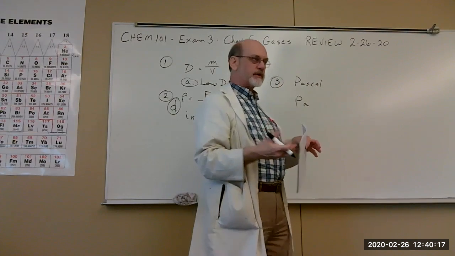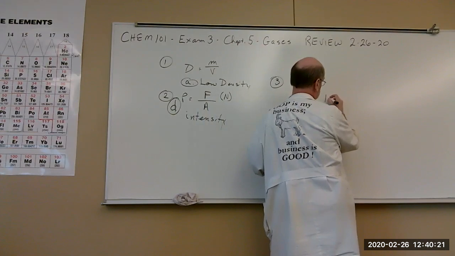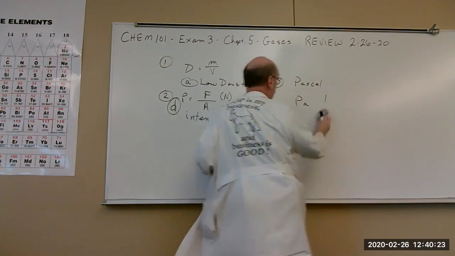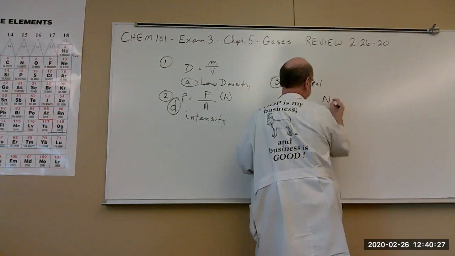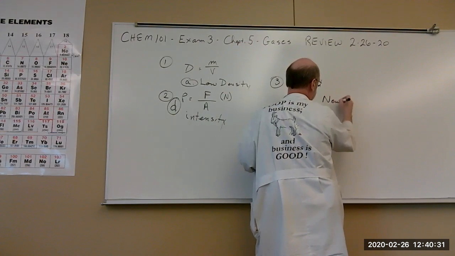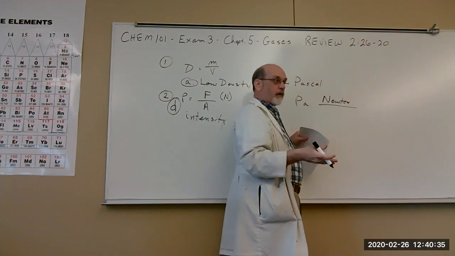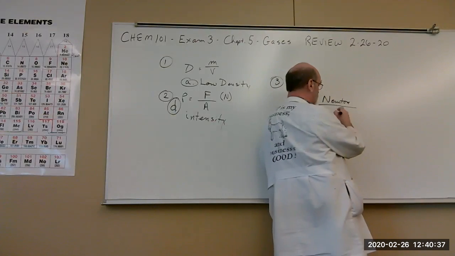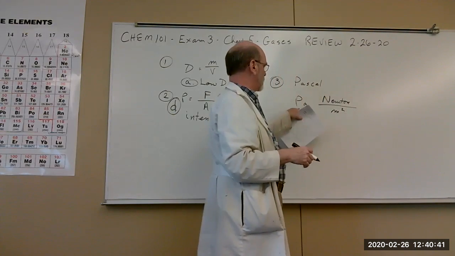And fundamental units in the SI system are kilograms, actually, of force. The units are newtons. Let's see, I'll just write it out. Newtons, and then the area is in terms of meters, so it has to be meters squared. So 1 Newton per meter squared is a Pascal.